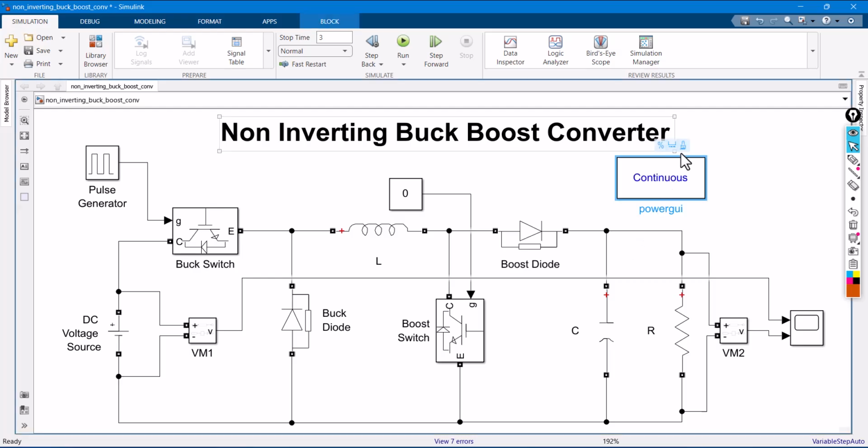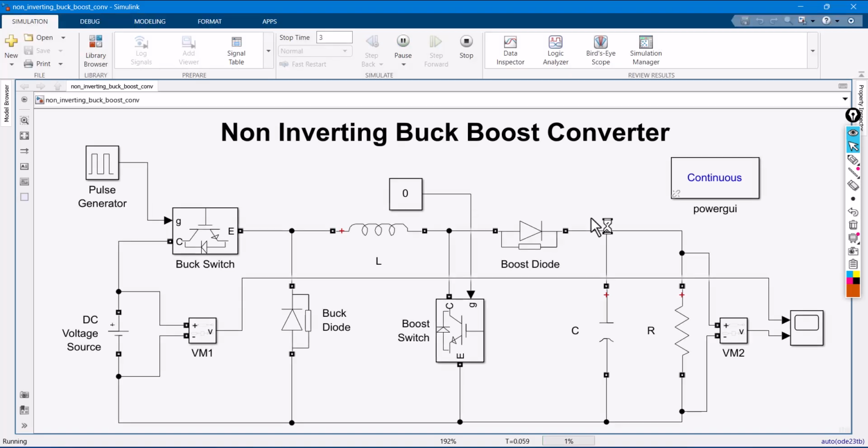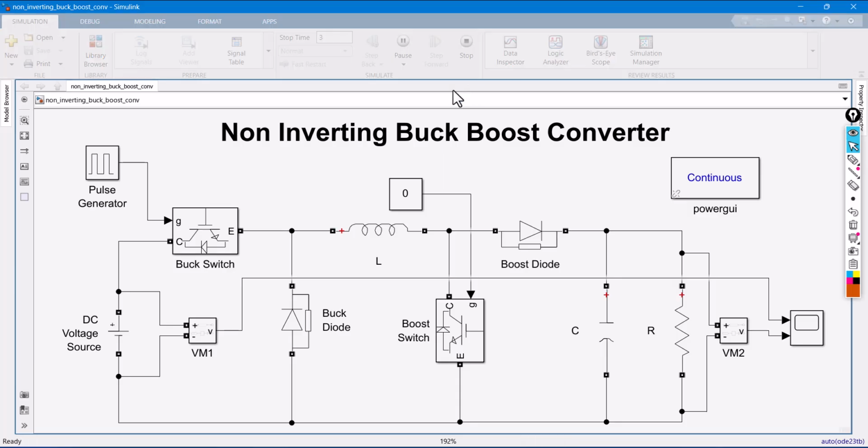Let it be continuous. You can stop it at 25% itself because we want to check whether output is coming or not.